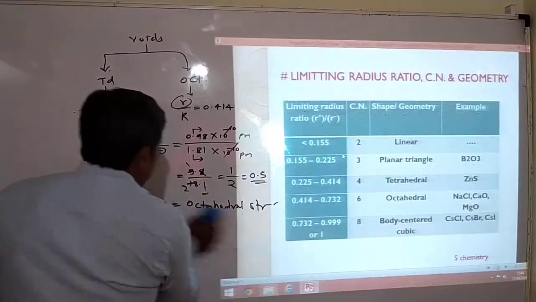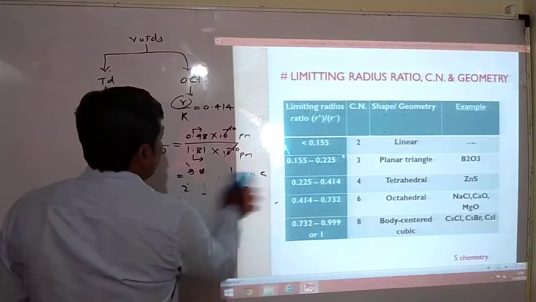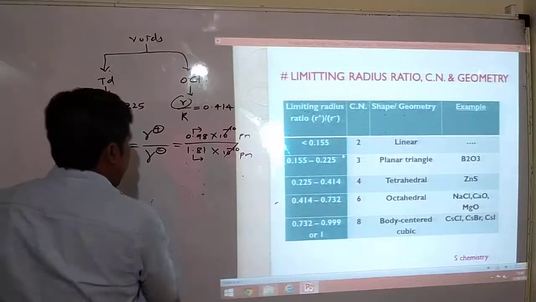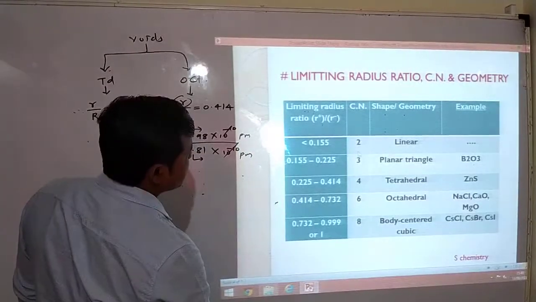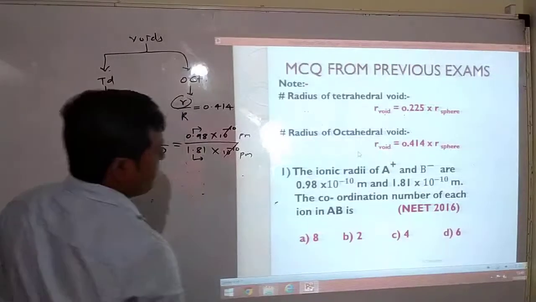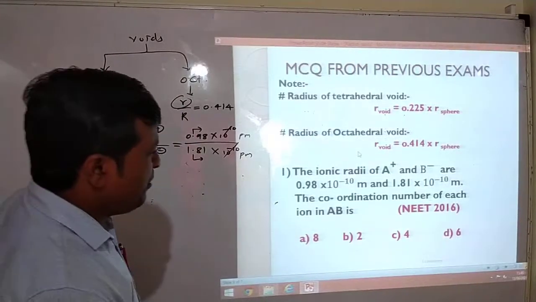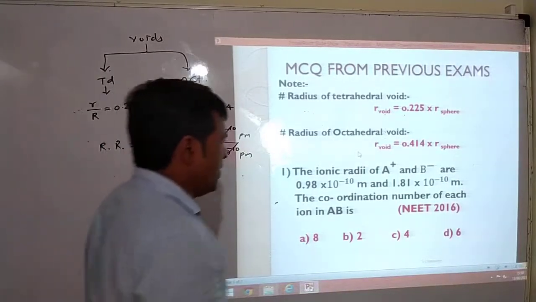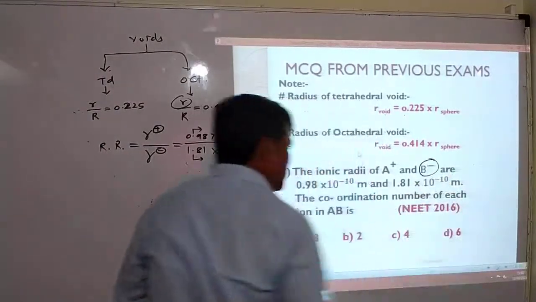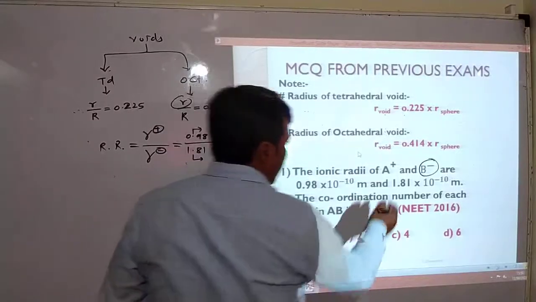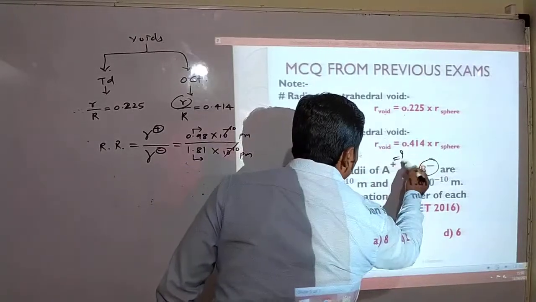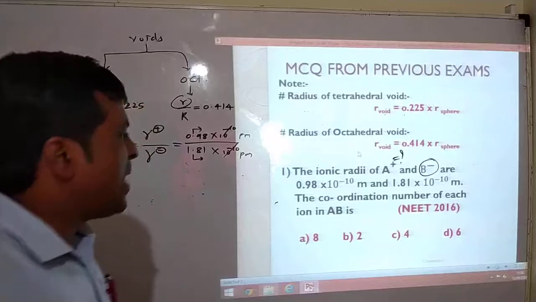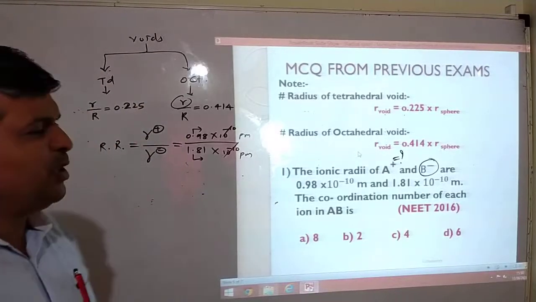Now, if the MCQ is asked in another way, if they give us the radius of B minus and ask about the radius of A plus, it is simple to calculate.